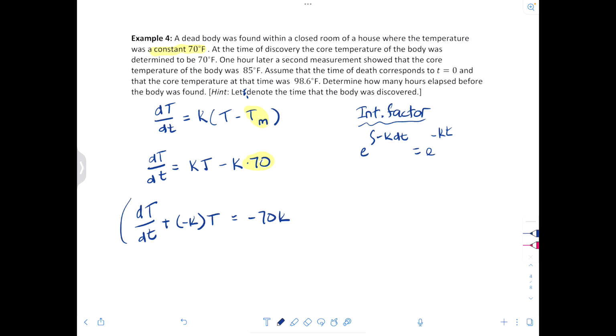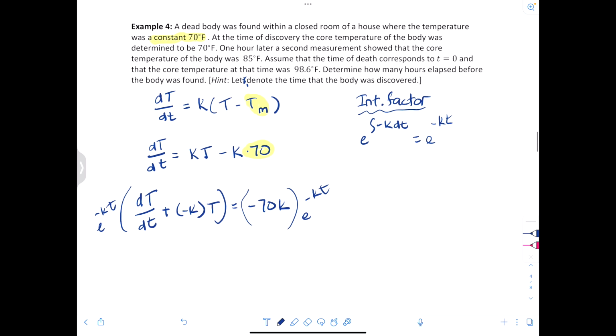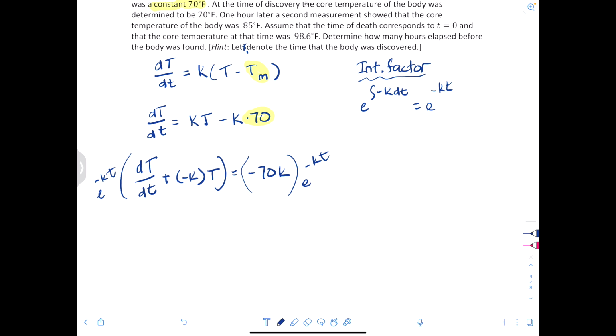So multiplying both sides by e to the negative kt, what's going to happen? Well, we'll have d/dt of e to the negative kt times T equals negative 70k e to the negative kt. Cool so far?